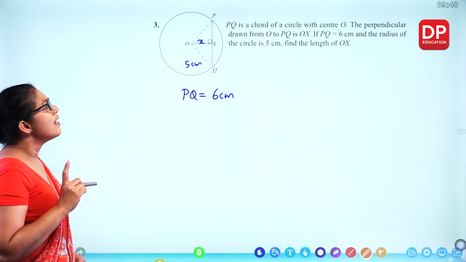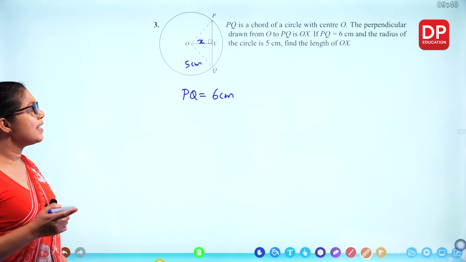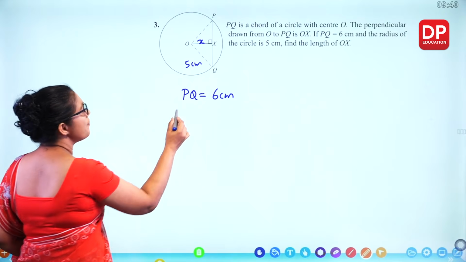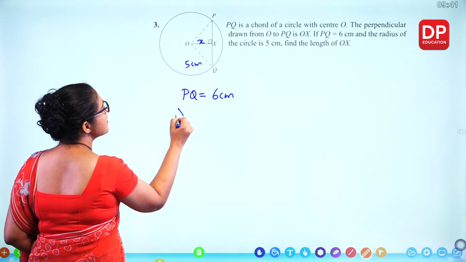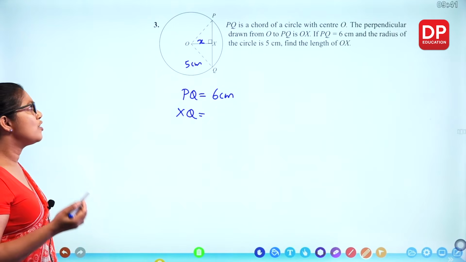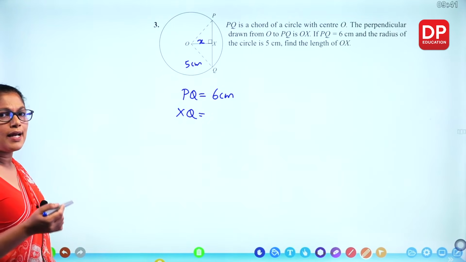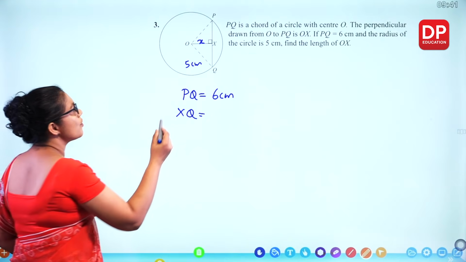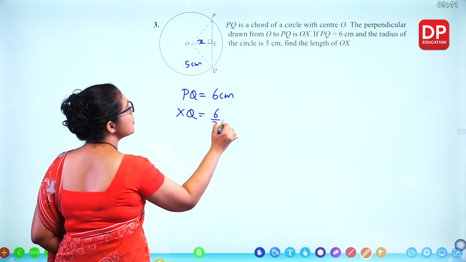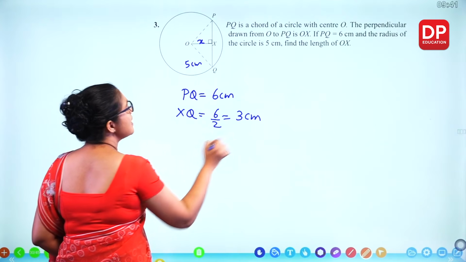So here you have given PQ is 6 centimeters. So according to Converse theorem, what can you say about XQ distance? The chord bisects when you draw a perpendicular from the center. So XQ is half of that. So 6 divided by 2, that's 3 centimeters.